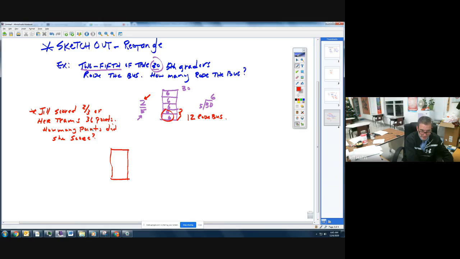What does this rectangle stand for? I always like you to write that up here. It stands for 36 points. What fraction of that am I looking for? I'm looking for 2/3, which means I cut the rectangle into 3 equal pieces. If I cut 36 into 3 equal pieces, I do that division, and that ends up being 12. So each piece is worth 12.